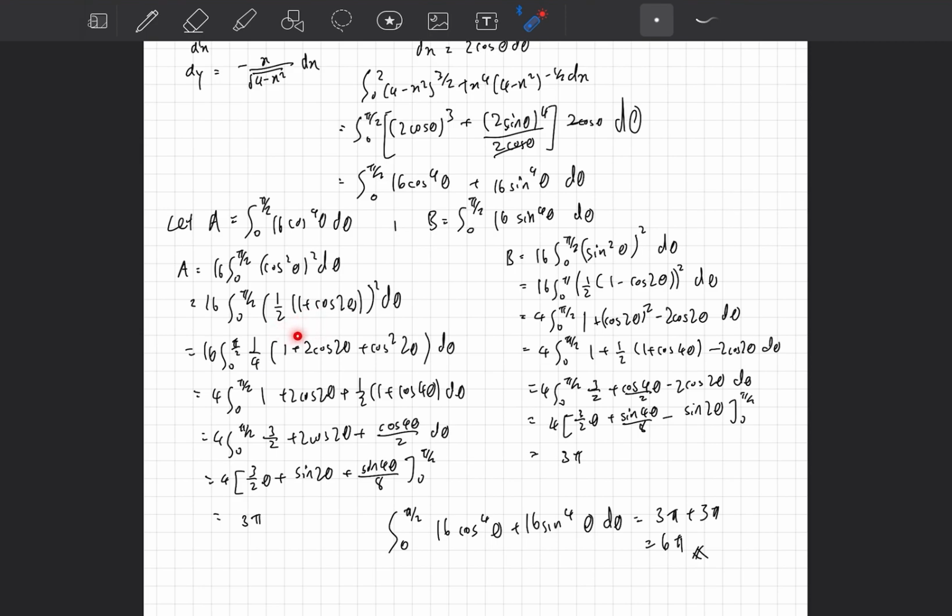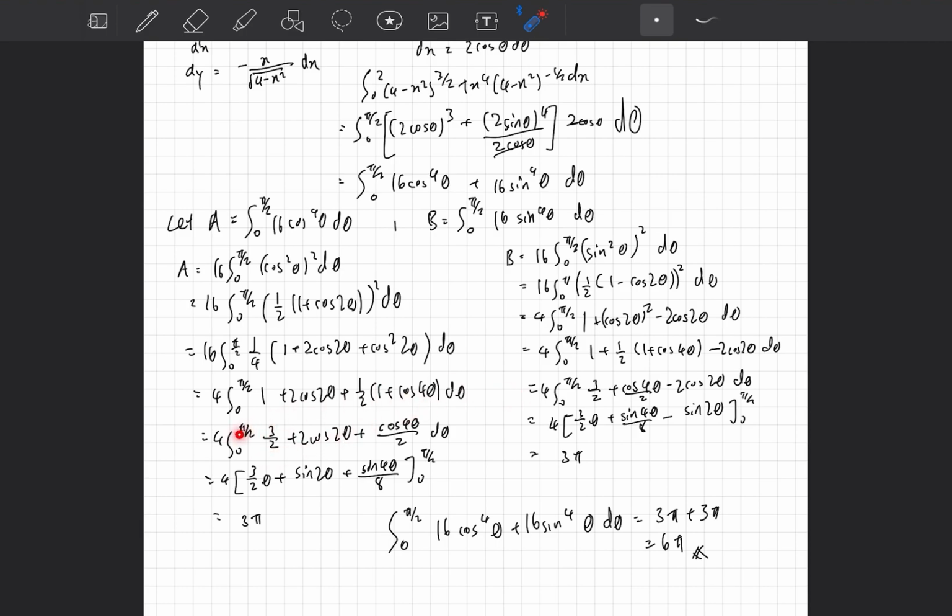Then express that as 1 over 4 bracket 1 plus 2 cos 2 theta plus cos squared 2 theta. Then 1 over 4 multiplied by 16 gets 4, and 1 plus 2 cos 2 theta plus the squared term I substitute with 1 over 2 bracket 1 plus cos 4 theta, d theta.